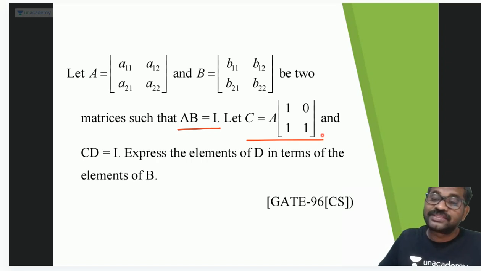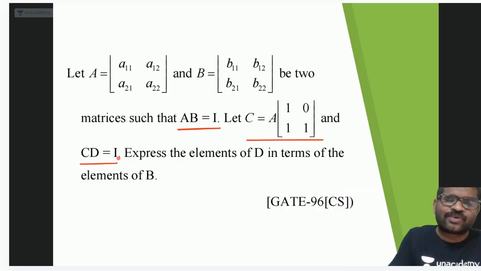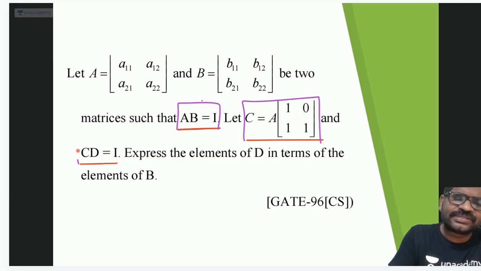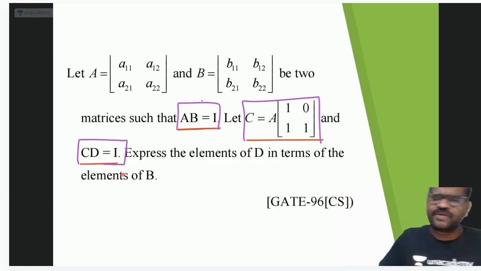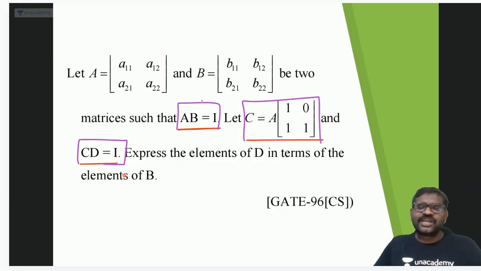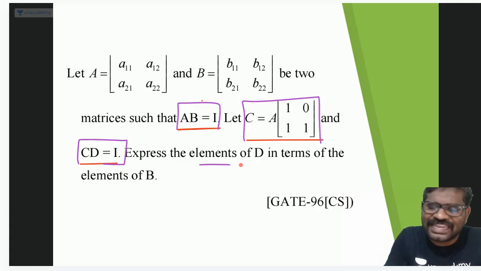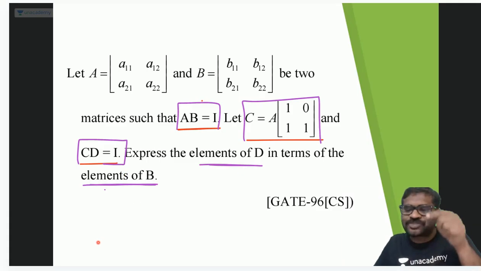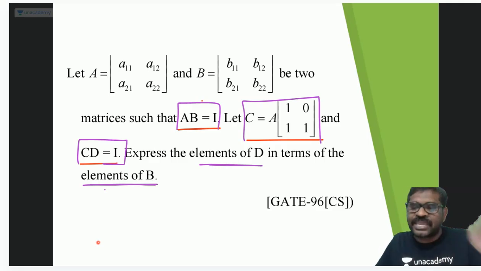Next, third relation, CD equal to I. You have three conditions provided. This is one condition, this is another condition, this is the third condition. With the help of three conditions, we have to express D in terms of B.